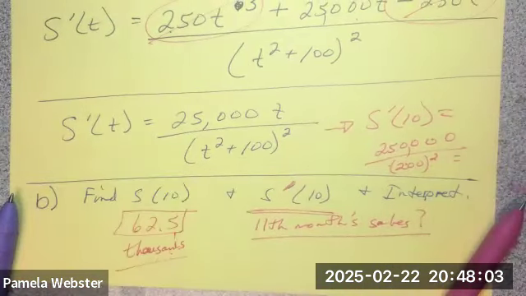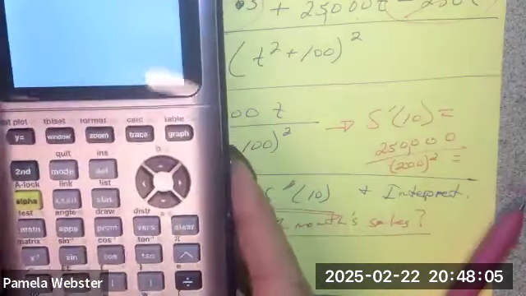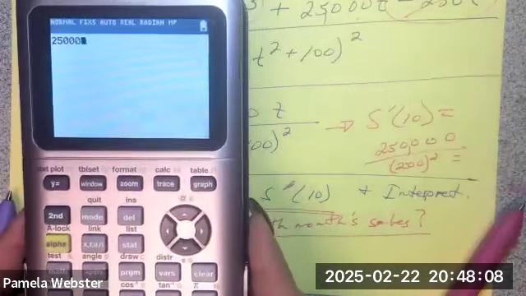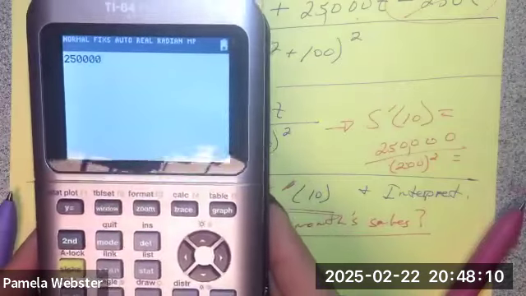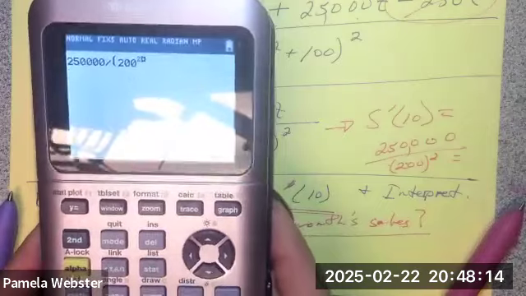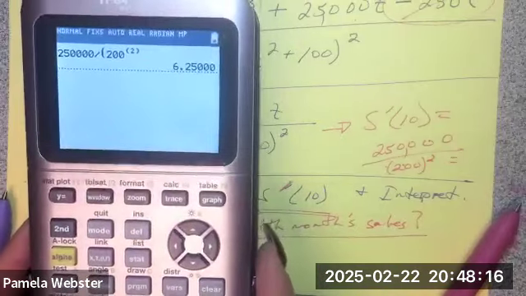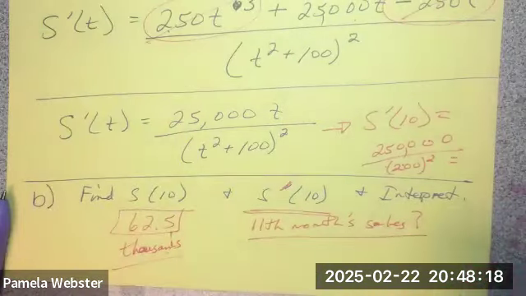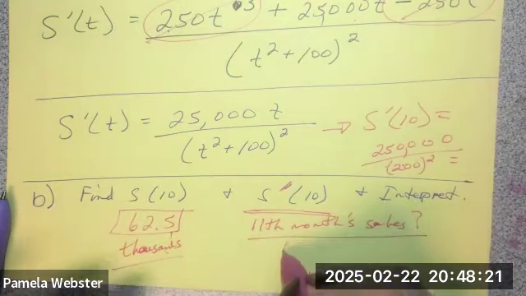So let's see what that says. 250,000 divided by 200 squared. 6.25. And again, remember this is in thousands.